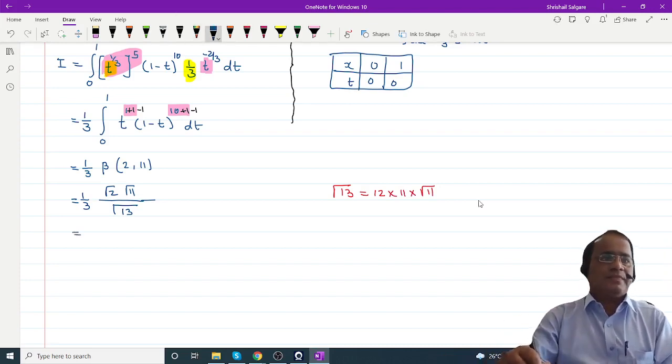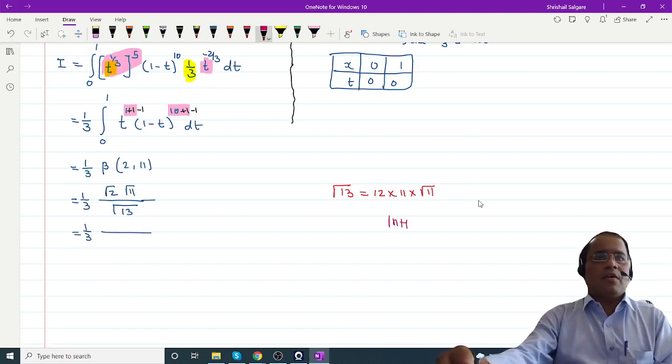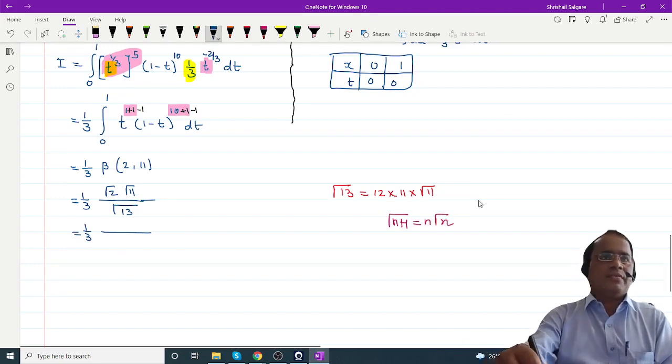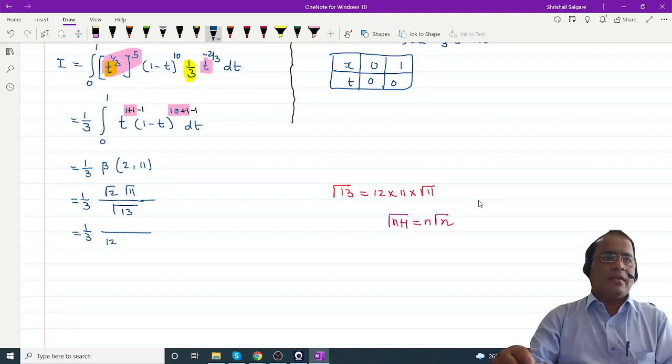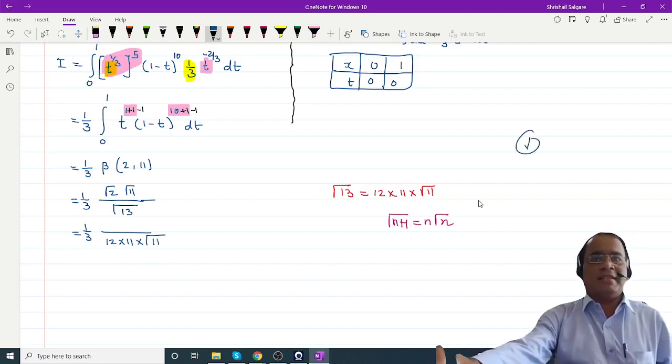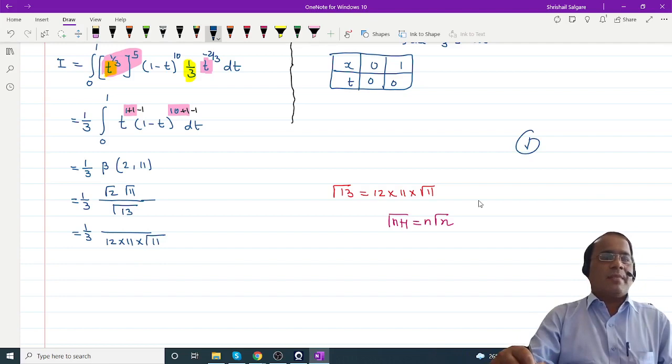Which property am I using? Gamma of n plus 1 is equal to n gamma n, successively. Sorry, it is gamma, not square root. Students also write it like that, which is wrong. Gamma 2 is nothing but 1 factorial into gamma 11, so this gamma 11 and that gamma 11 get cancelled.